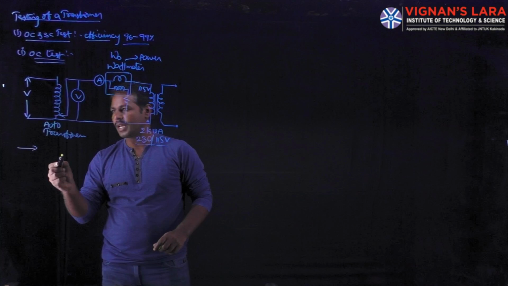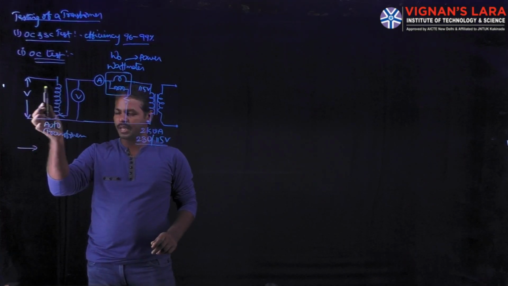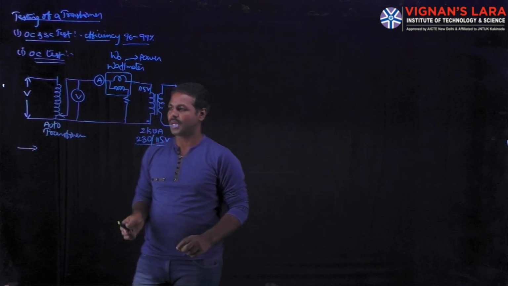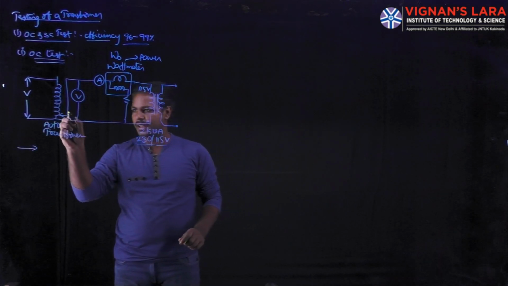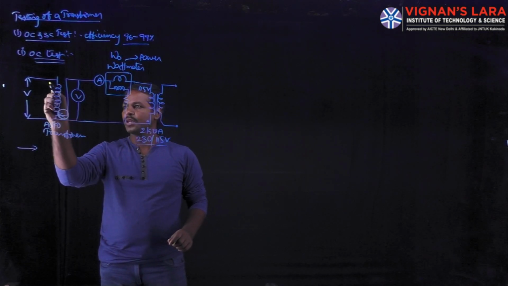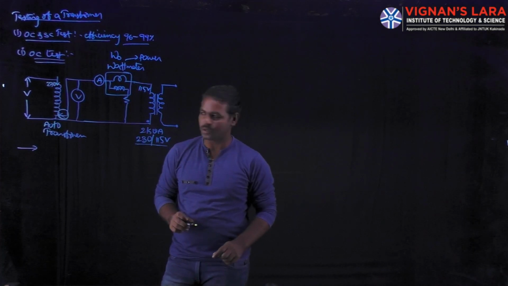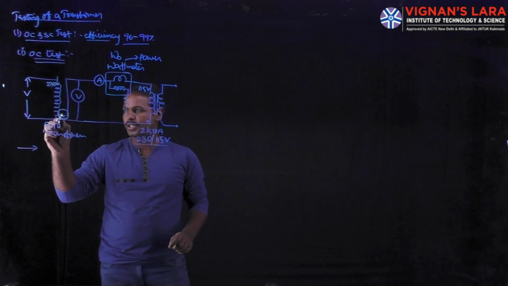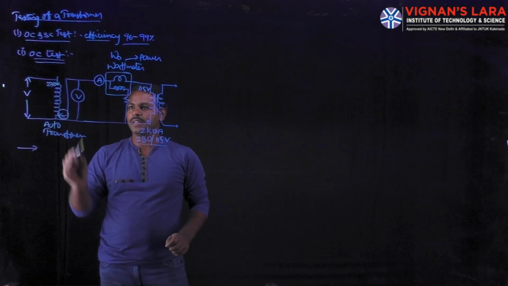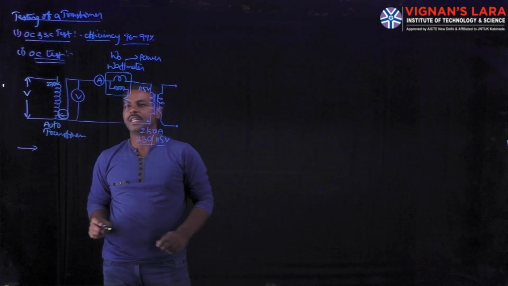Then we can apply the rated voltage, either 230 volts AC supply, directly to the auto transformer. By varying this terminal, the voltage varies from 0 to 270 volts. This is the range of a single phase auto transformer, which varies from 0 to maximum voltage. The corresponding voltage and current are measured by these two elements.